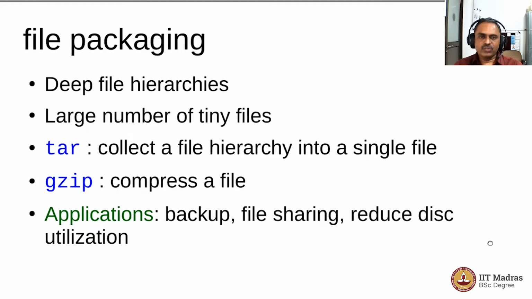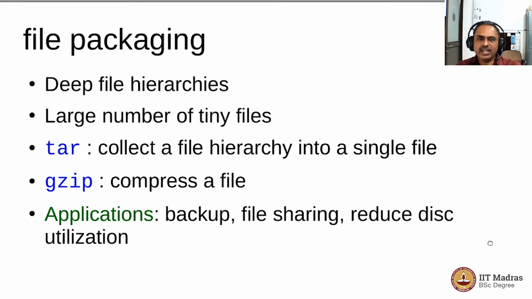We need to package files for multiple reasons. So if you have many subdirectories and directories under them, etc., so actions like copying the directory across or looking through those directories for some specific file, etc., would be very slow.